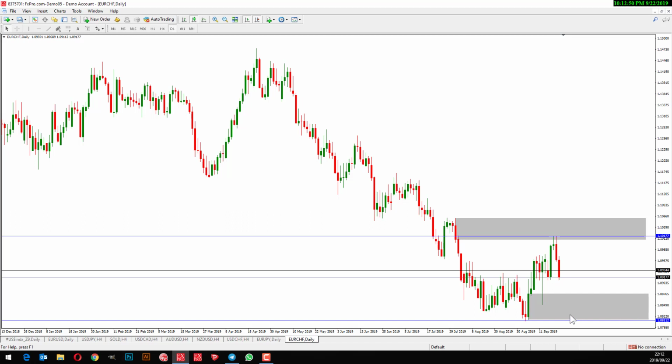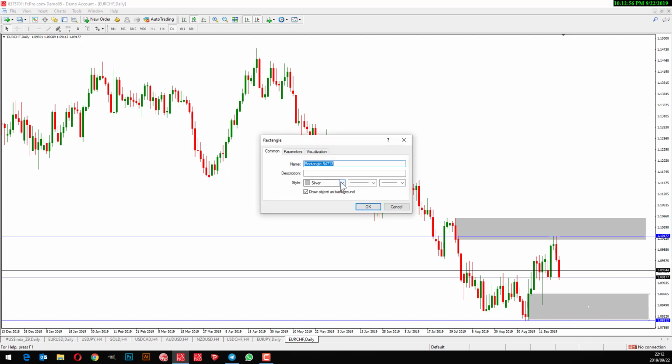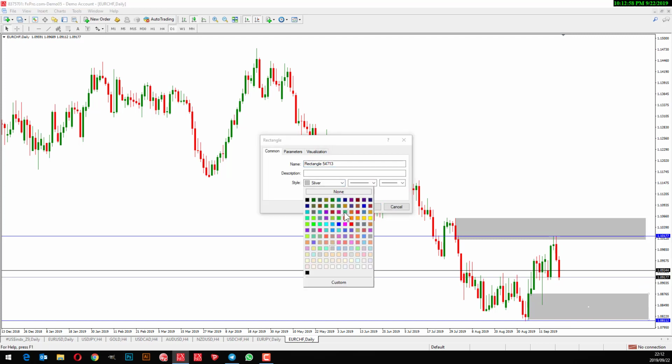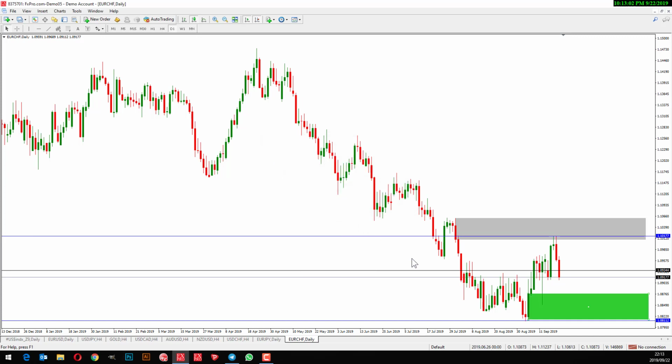You see, there's our demand zone. Right, let me give it a bit of a different color, probably a light green or something. Lime green. Right, let's do a lime green. So now these are the zones that we will be looking to trade from.